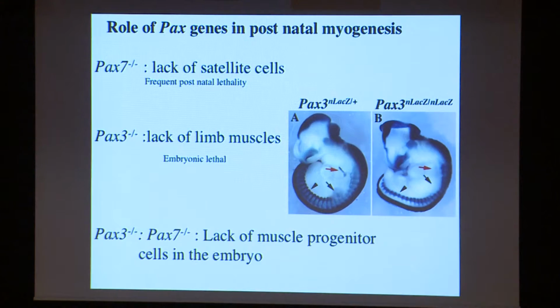And finally, the explanation came: the cells that form in the somite, which is this segmented structure where the myogenic progenitors will appear, will not migrate to the limb in the PAX3 deficient mice. There will be no migration of the muscle progenitor cells in the case of the deficiency in PAX3. So it's a migration problem rather than a determination problem that is occurring here.